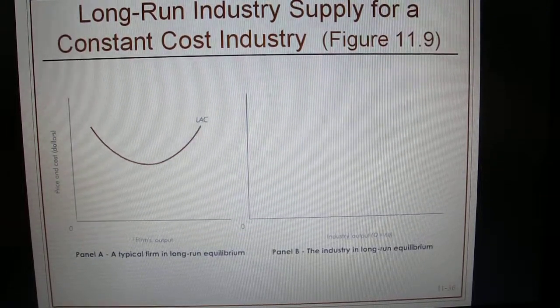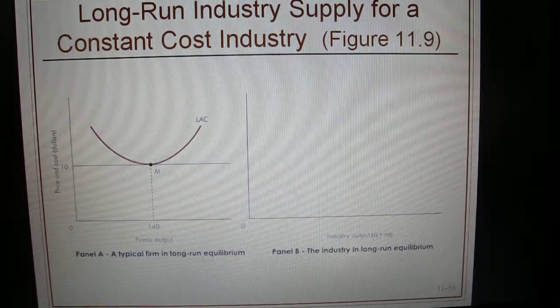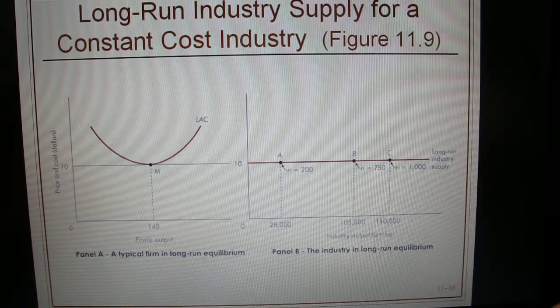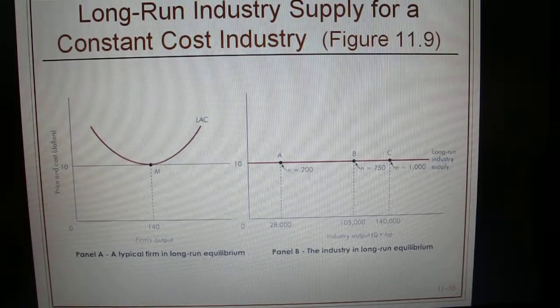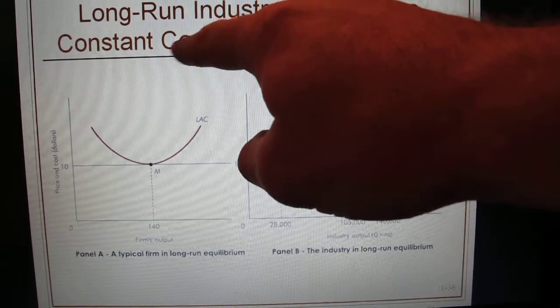Here are examples. Here you have a typical firm in long run equilibrium. Here you have an industry in long run equilibrium. You can see there's a distinction between each, but this is a constant cost industry.